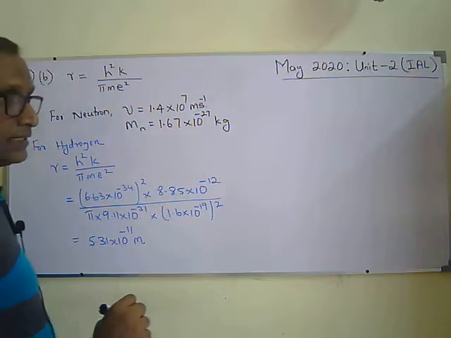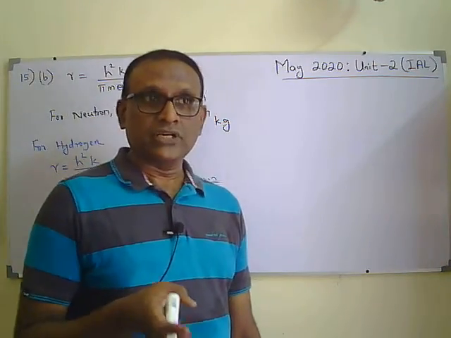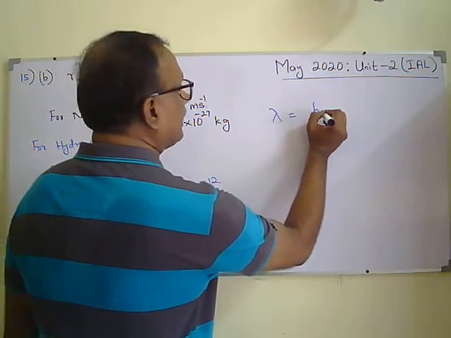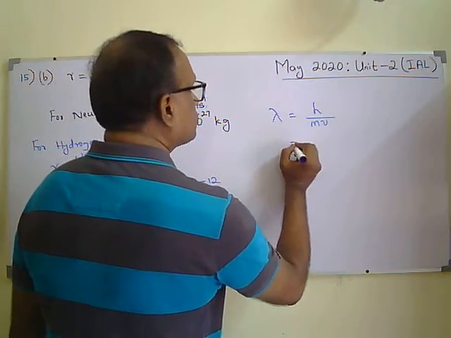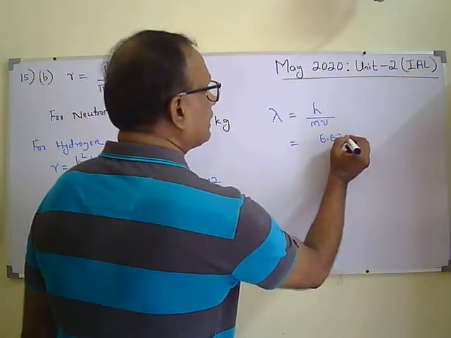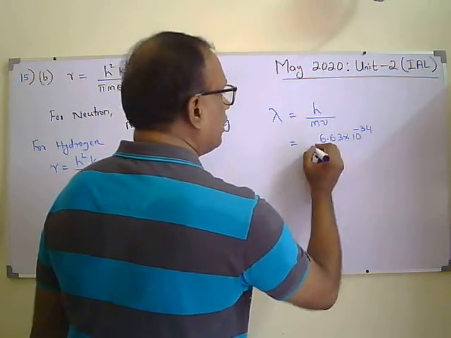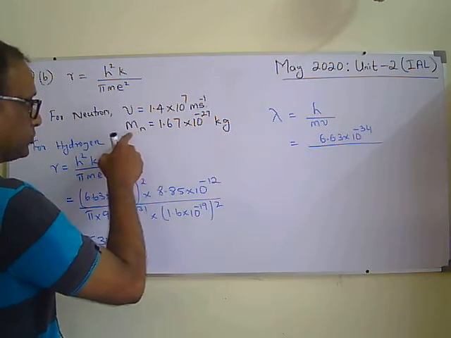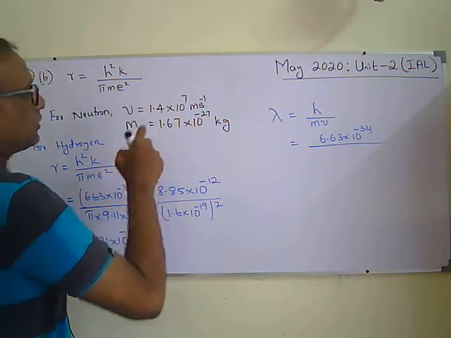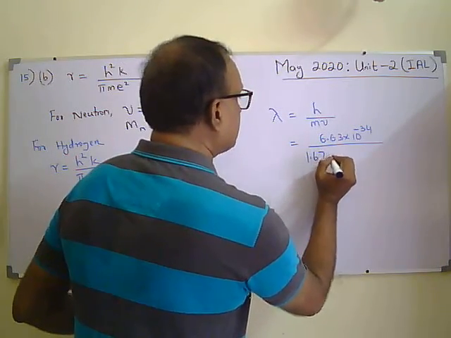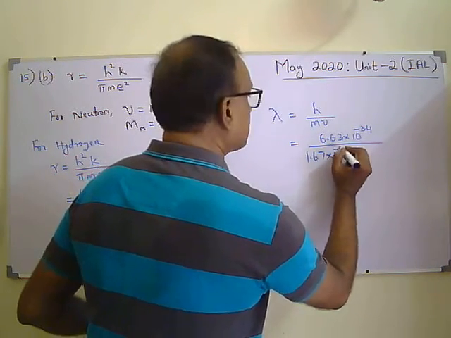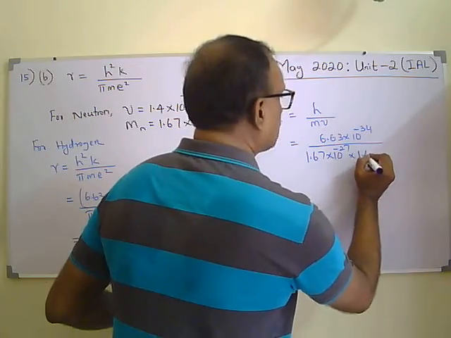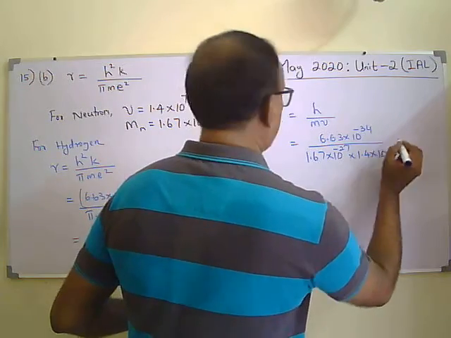Now we'll find the wavelength of the neutron, that is the de Broglie wavelength, given by lambda equals h over mv. So h is 6.63 × 10^-34. The mass of a neutron is given, 1.67 × 10^-27, and we are finding the de Broglie wavelength for the neutron at this speed, 1.4 × 10^7.